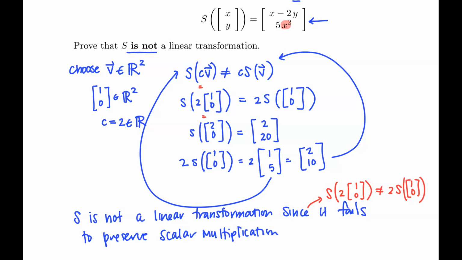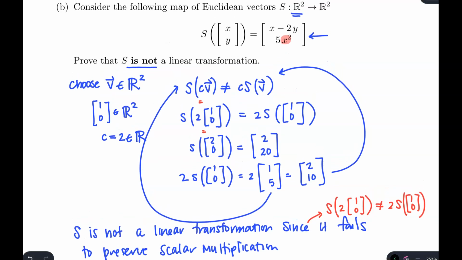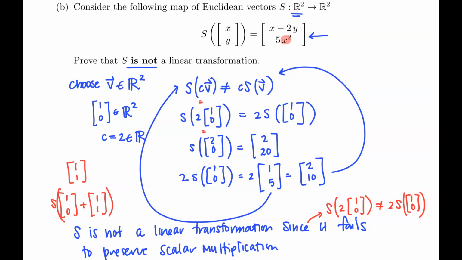If you really wanted to say anything about the values you chose, make sure we realize that the vector we're choosing to start with is in our domain, R2, and that we're choosing some scalar multiple. Now, if you wanted to show a failed vector addition, you could have chosen any other vector, like 1, 1, and then shown that if I do the vector addition before or after that mapping, it's not going to be the same.